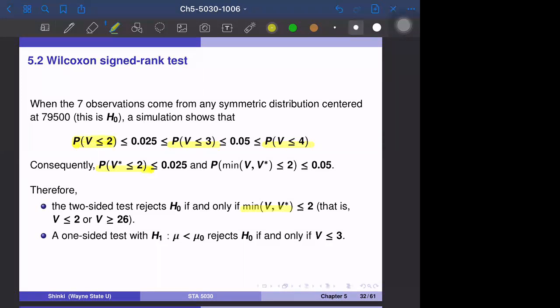Okay, so the rejection region is this: the minimum of V and V asterisk is less than 2. Or we can say that V is less than 2 or V is more than 26. The range of V is 0 to 28, and V has a symmetric distribution.